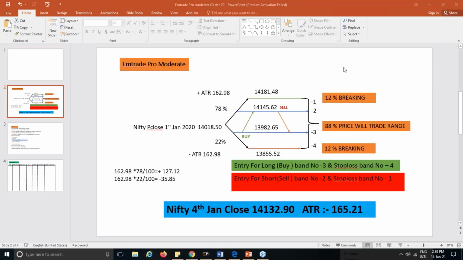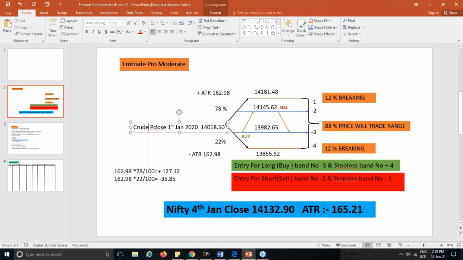We will check crude oil as an example. I just have to remove some levels on my screen. Crude oil, 14 Jan 2021.